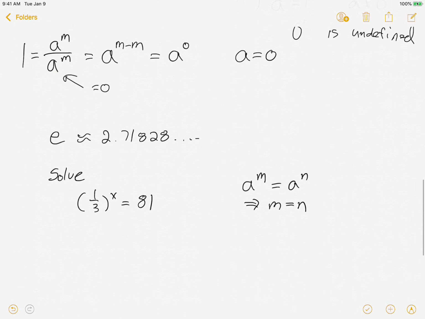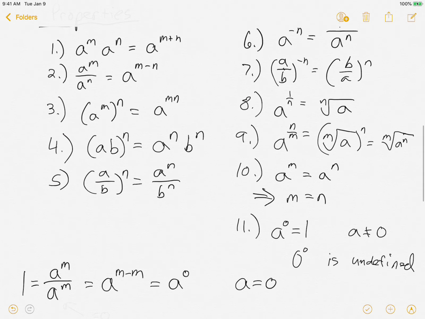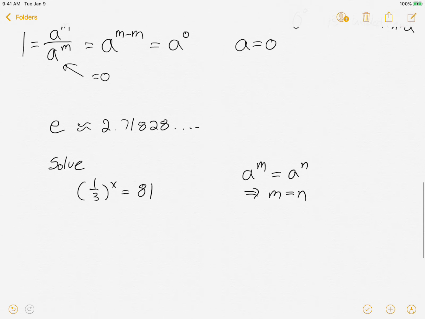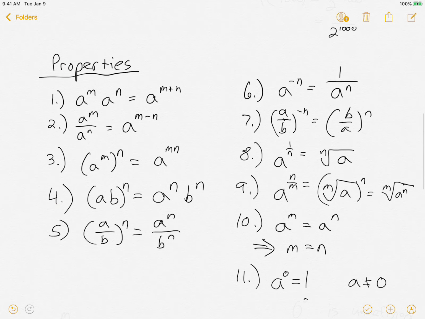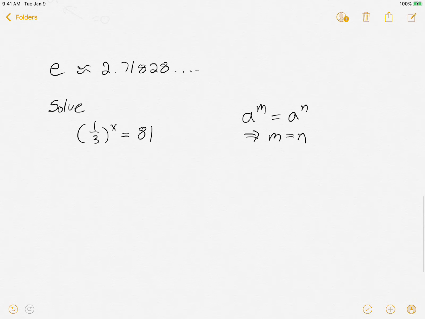Well, if you look at some of our rules, let's look at rule number 7. If I look at rule number 7, that's this guy, I can rewrite the left-hand side to be 3 to the negative x. Now, the right-hand side, we kind of have to use some intuition on, but 81 actually is 3 to the 4th power.